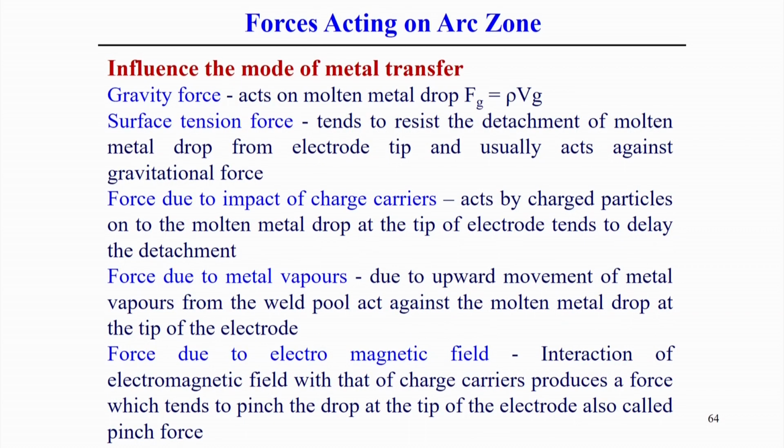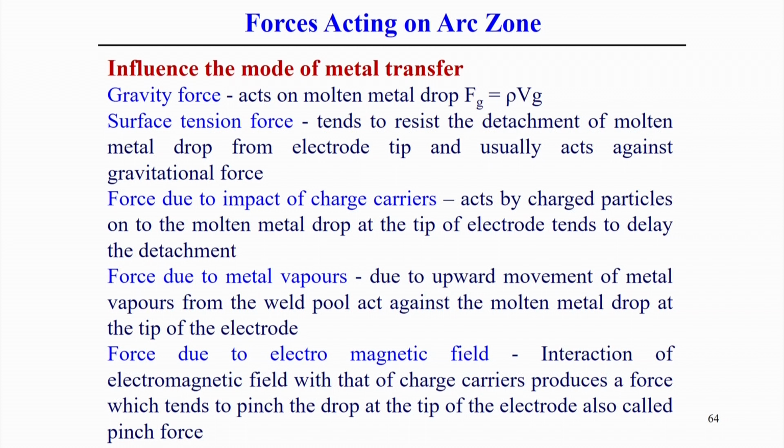Now, what are the different forces acting on the arc zone? When you try to analyze the mode of metal transfer when using the consumable electrode, it is necessary to consider the different forces acting on the arc zone.